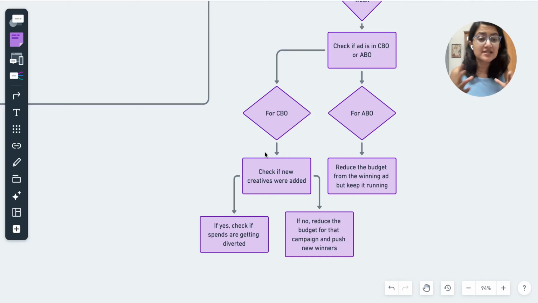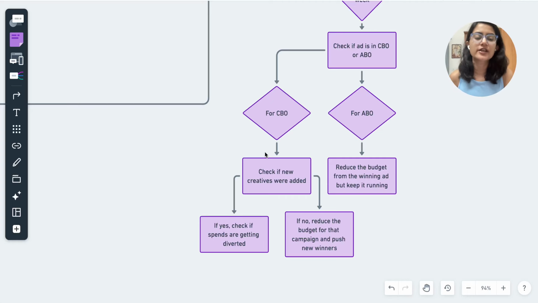But for a CBO campaign, where a particular ad has not performed well yesterday or in the last few days, you cannot turn it off completely, because you should never turn off a winning ad. So what to do then? The two things you can do: first, check if any new creatives were added in that campaign, because of which the spends are getting diverted.